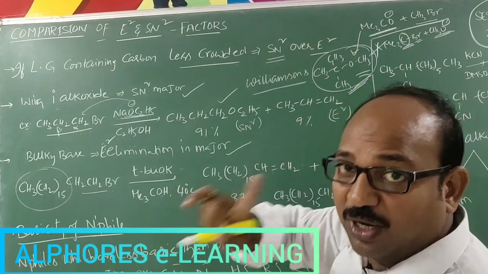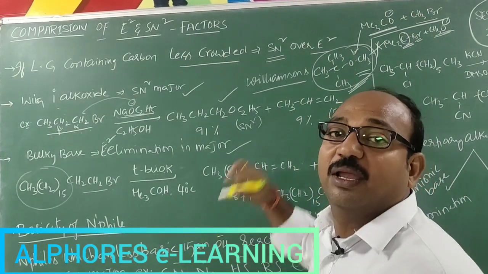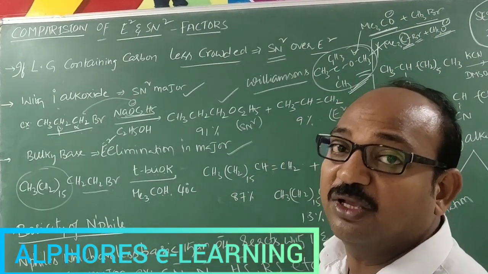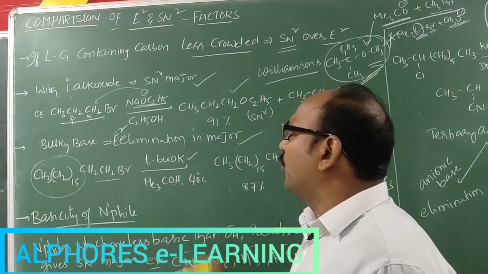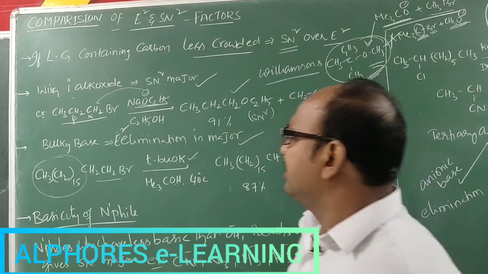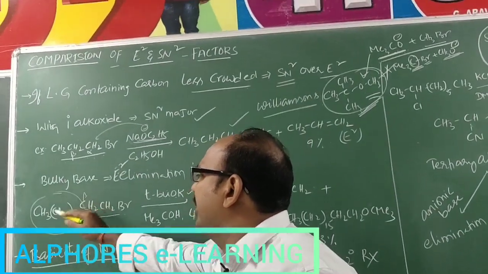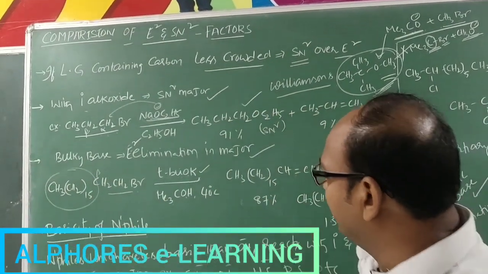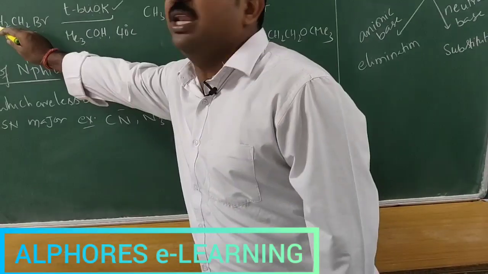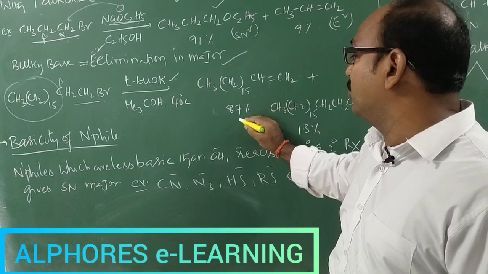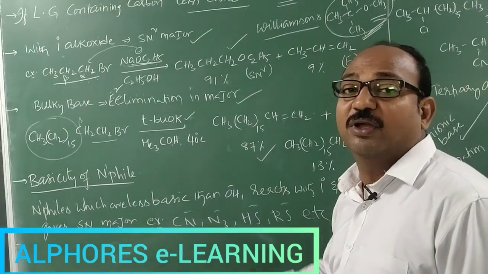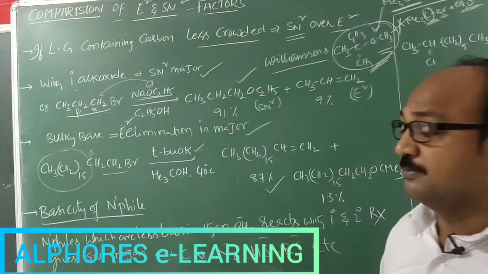We are having only one possibility, that is ether formation, which is nothing but substitution. Now, in this case, when we are using potassium tertiary butoxide, since it has alpha, beta, so many carbon atoms, this tertiary butoxide ion can easily approach them. We are getting alkene as the major product, almost 87% alkene.